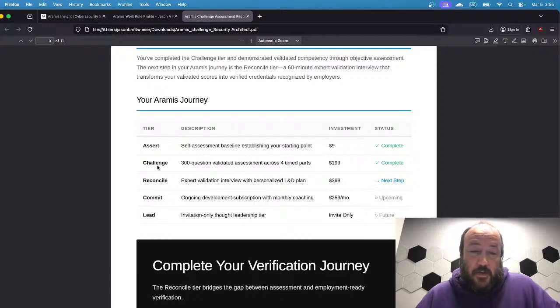It looks like I misquoted their pricing. So the assert is $9, the self-assessment, a little bit more than I thought. The challenge is $199, a little bit less than I thought or remembered. Reconcile is $399, which is more than I thought. But again, I would really value the personalized L&D plan.